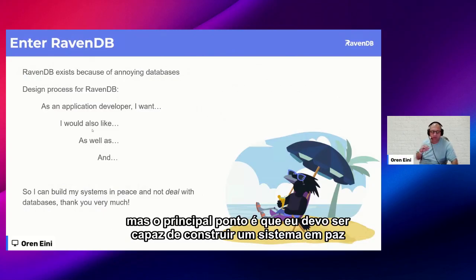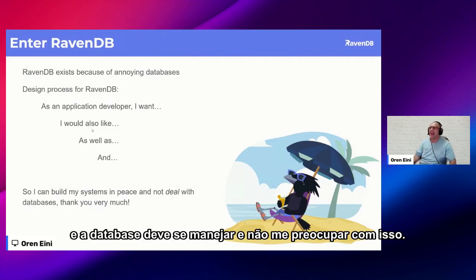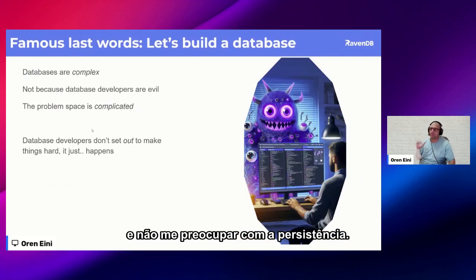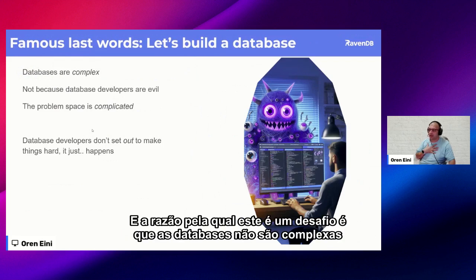But the whole point is that I should be able to build a system in peace, and the database should manage itself and not make me worry about it. That's the point. I want to be free to build my system and not worry about persistence. And that turned out to be quite a challenge.